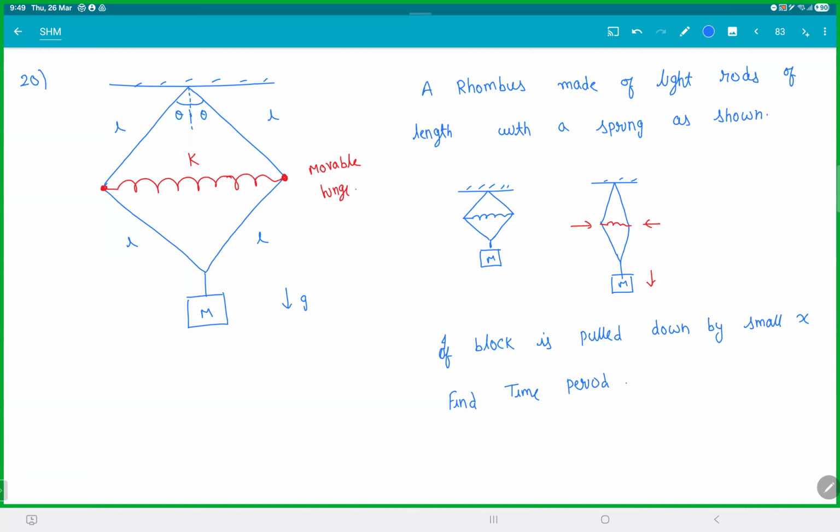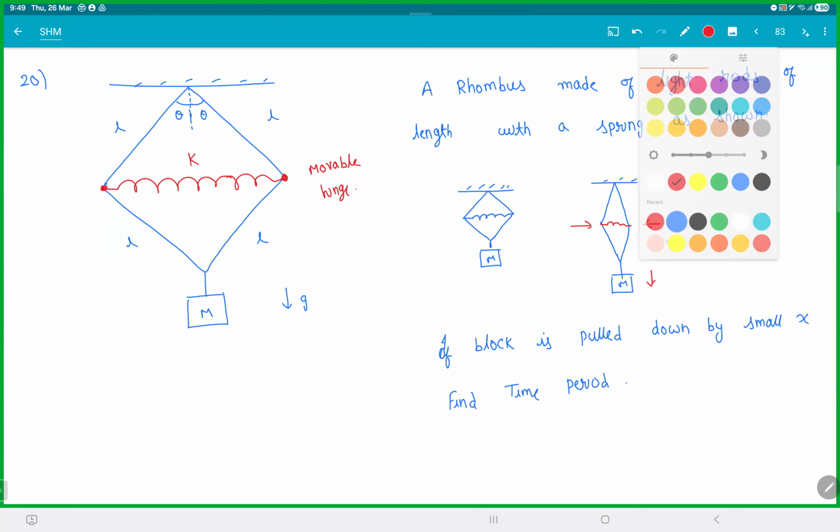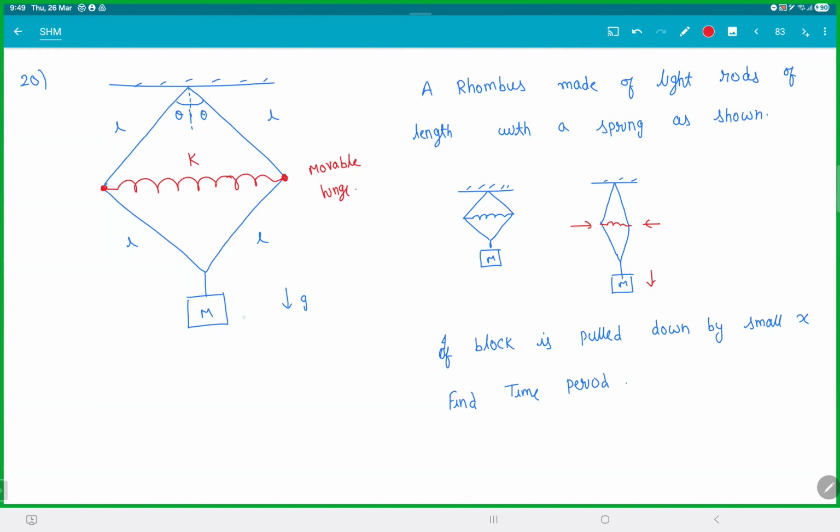That's not the answer. I'll tell you something. Think from this thing. Okay. Let's say like this. Let's say if I pull this down by y, can you tell me what will be the compression in the spring? Do you think it will compress by y? We don't know, right? There's no guarantee it will compress by y. Can you find that first of all? Start from there.